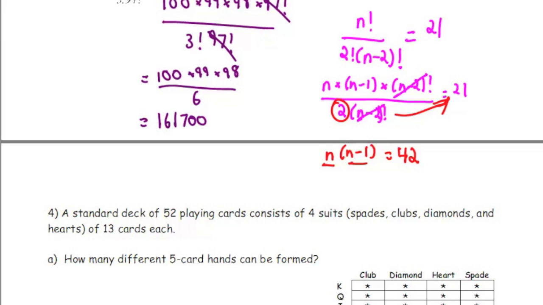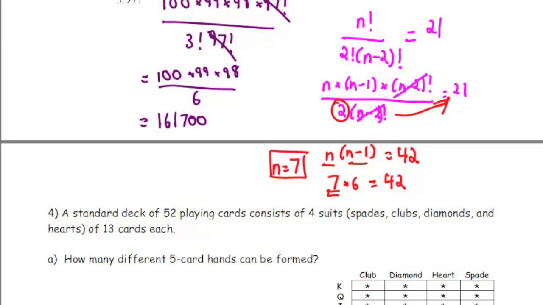Well, you're looking for a number times the next number below it is equal to 42. Well, we should know that 7 times 6 equals 42. So n is just equal to 7. And it's just that simple.